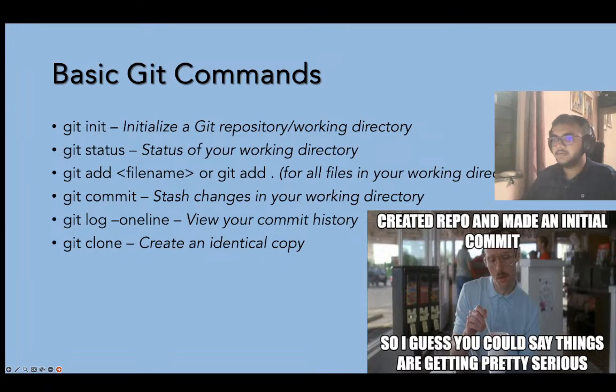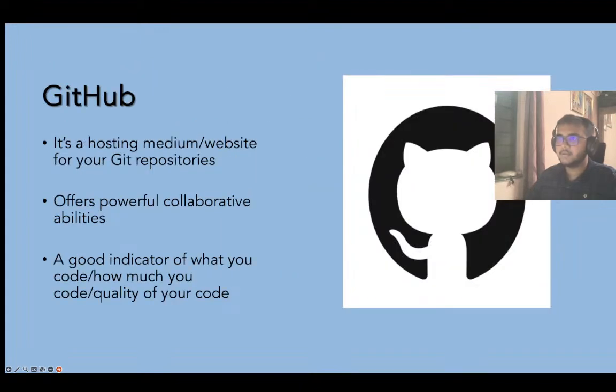If you do that, it will copy all the files onto your local system, and then you can work on it. So if there is some program that you really like and you want to work on it, you can just write git clone and then the program's URL on your terminal, and once that is done, it will download all the files in the repository to your local system.